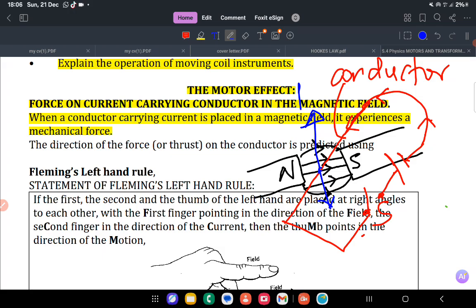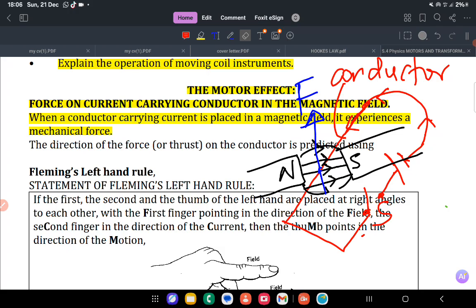So there is a force, F, acting on the conductor. You will see the wire moving up in the direction that I've shown there.